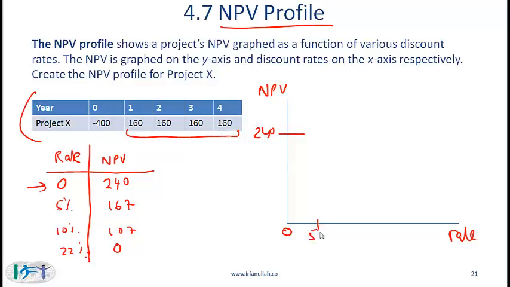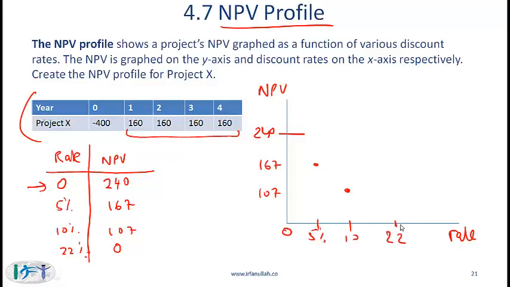So at 5% we come down to 167. At 10%, if you compute the NPV, you should get 107. And the NPV is 0 at a rate of 22%.